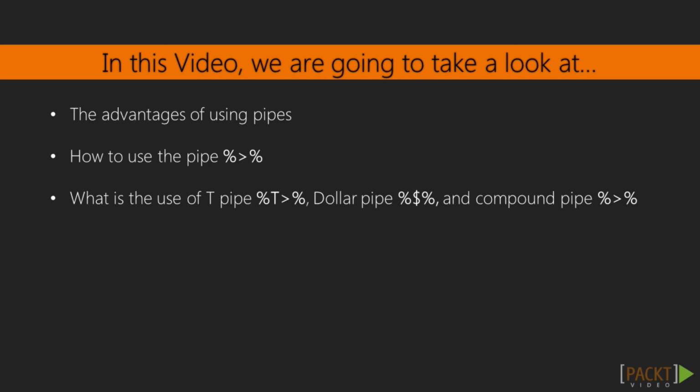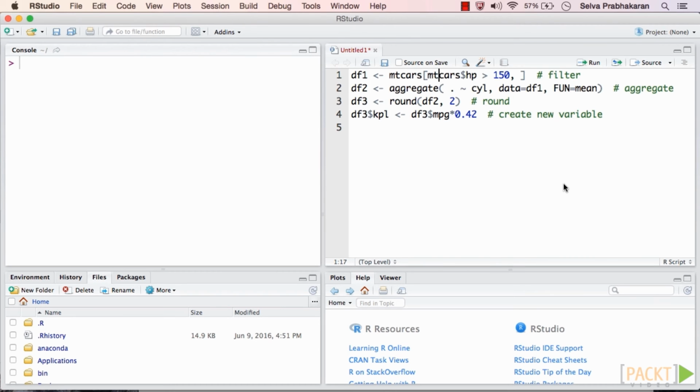In this video, we'll learn the advantages of using pipes, along with how to use the pipe, as well as the usages of the T-pipe, $ pipe, and compound pipe. The magrittr package provides chaining facility with what are called pipes. Consider the following piece of code.